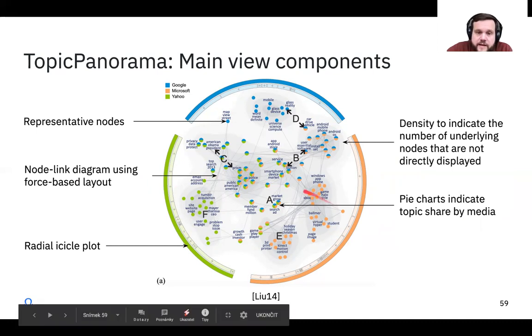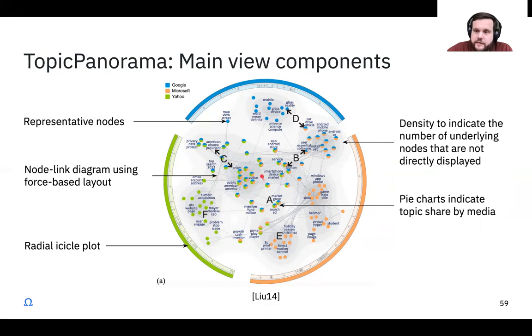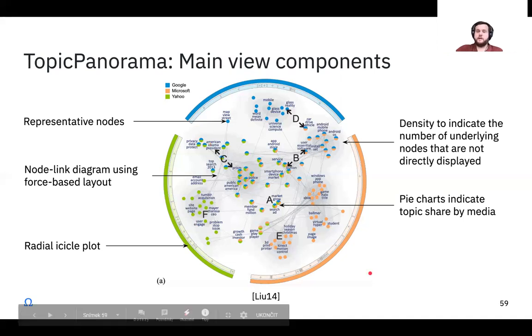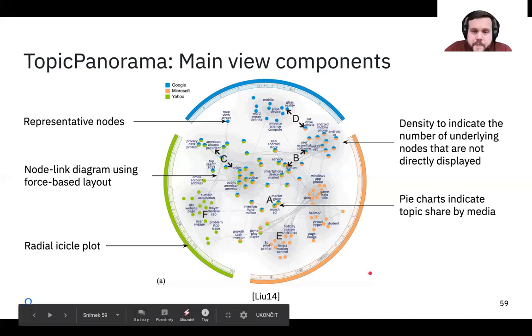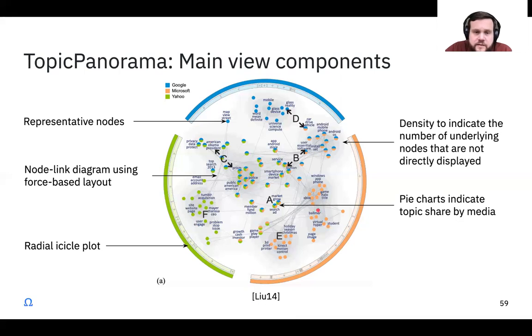If you look closely, each of those glyphs is a mini pie chart, and it indicates topic share by media. This one is that everybody talks about this. This is only talked about by the green one. This is by Yahoo. This is only talked about by Google and Yahoo, and similarly for the others. It appears here that these are just glyphs, so all of these seem to be exactly the same.